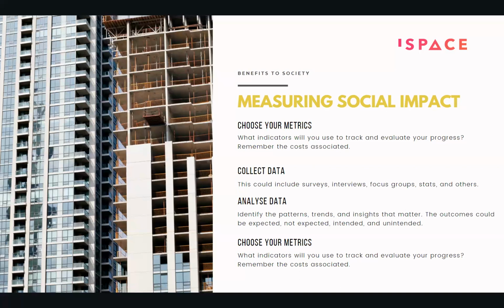When we're analyzing it, what you're looking at is basically patterns, trends, and insights. The patterns, trends, and insights are the things that matter. And you want to make sure that you keep those to align with your objectives. But the outcomes could be different. There's expected outcomes, there's outcomes that are not expected, there's intended outcomes, and then unintended outcomes as well.